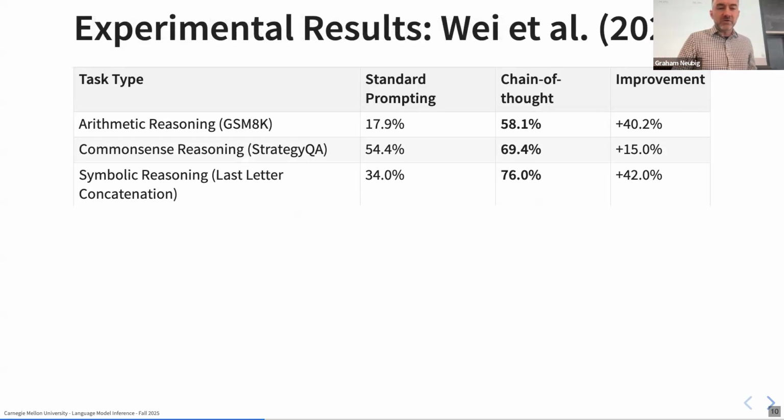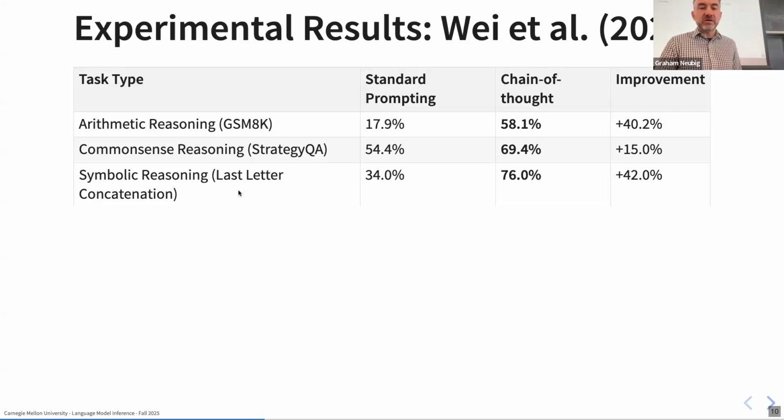But basically what they demonstrated was that on arithmetic reasoning, GSM8K, a dataset of grade school math problems, they get a very large improvement. On commonsense reasoning, called StrategyQA, which was created so that you need multi-hop reasoning or complex reasoning strategies to do a good job, they also saw a good improvement.